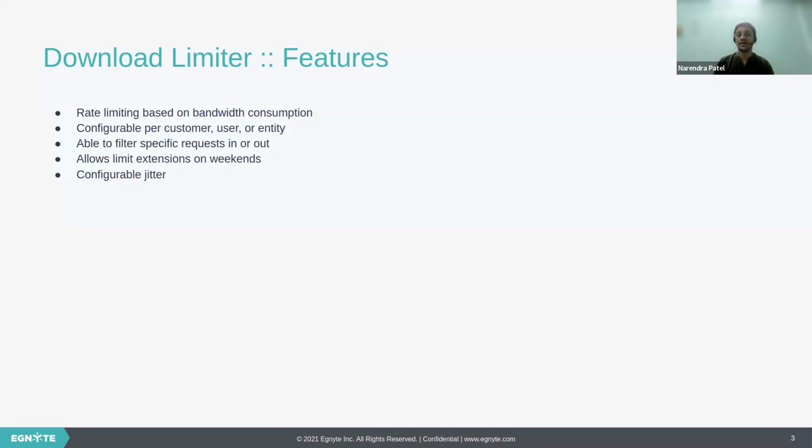Along with that we provide support for jitter. Configurable jitter is a thing wherein you can let your customers know that they'll experience rate limiting, and as such they can back off and only run critical services that are of importance to them. For example, let's say you have configured a customer to rate limit at 100 GB and you configure a jitter of 20%. Post 100 GB utilization of that customer, random requests would start getting rate limited.